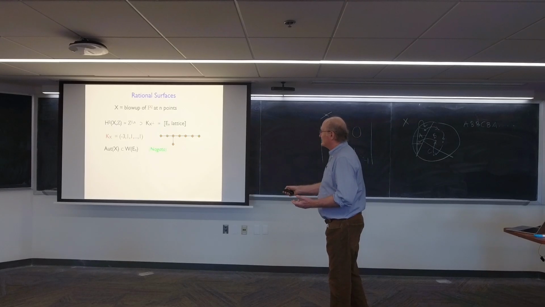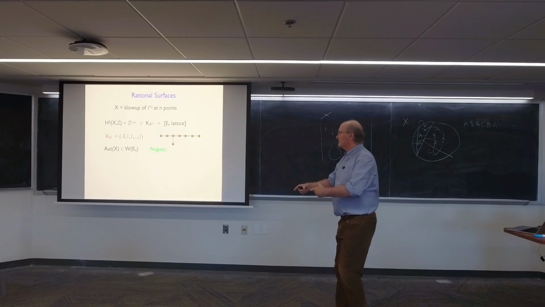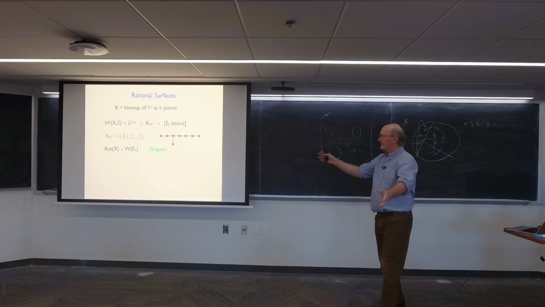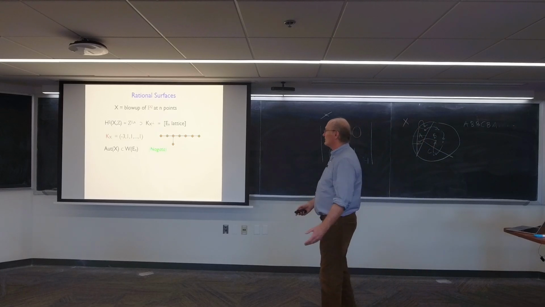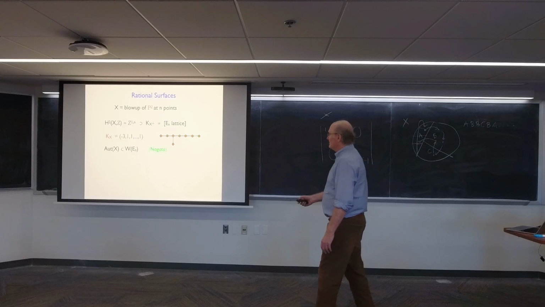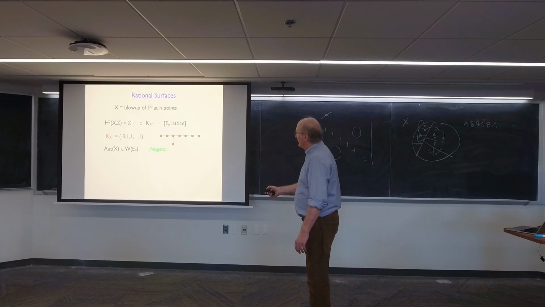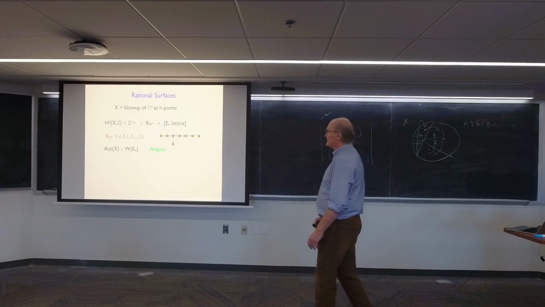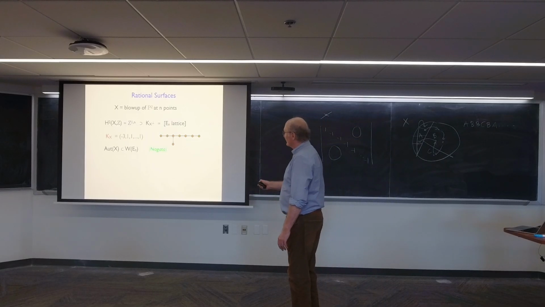So remember, each dot here gives you a reflection, an automorphism of the lattice. That's sometimes of infinite index in the space of all integral linear automorphisms of the lattice. The automorphisms of X are not just arbitrary maps preserving this form, but they have to lie in this Weyl group generated by reflections.